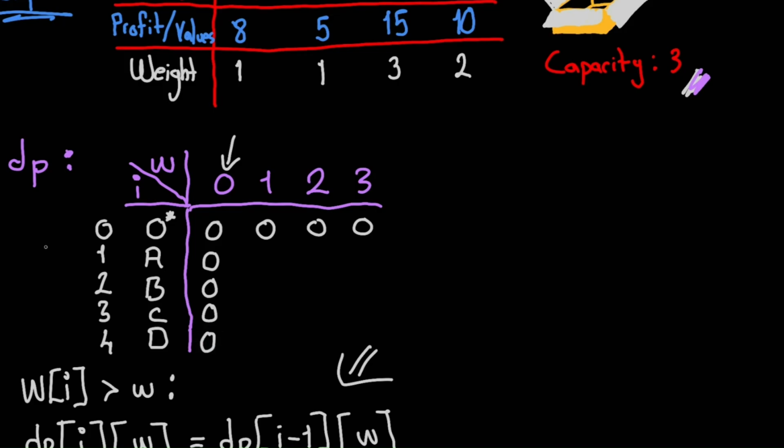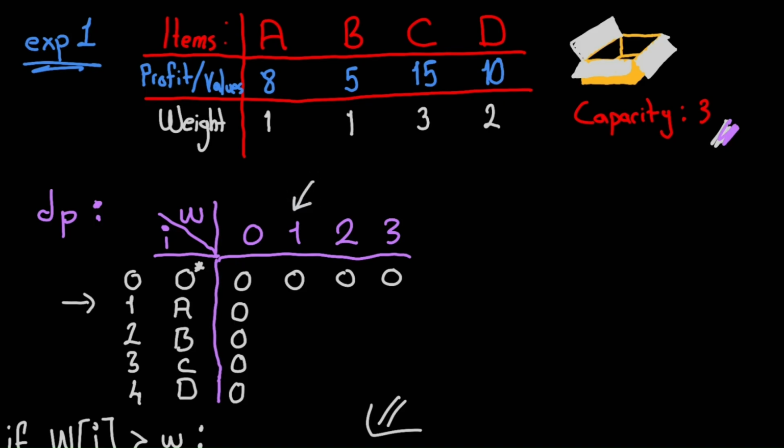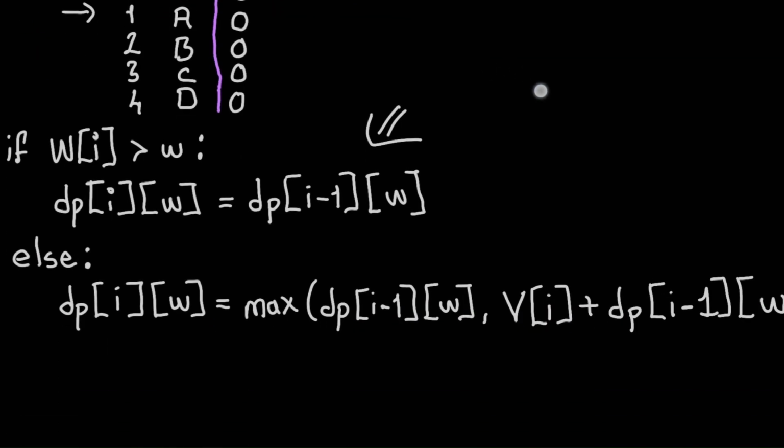Okay, now let's start with row 1. When we look at the capacity of 1 for A, as we can see, the weight equals the current capacity, right? So we can use it. That means we are skipping this part and going directly to the else statement. In the else statement, we are using a maximum function, which has 2 parameters.